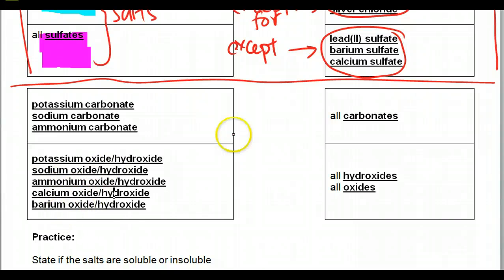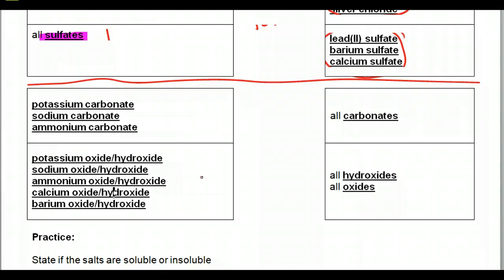Now, this is another solubility that you remember. Just take note, for calcium and barium, cancel off the oxides because the oxides are actually insoluble.